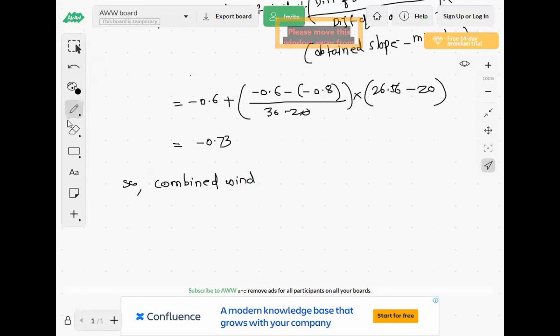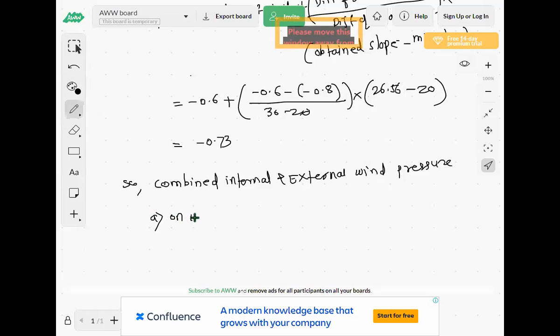Combined internal and external wind pressure, write down, combined internal and external wind pressure is equal to, now again this combined internal and external we have to calculate for windward and leeward separately.